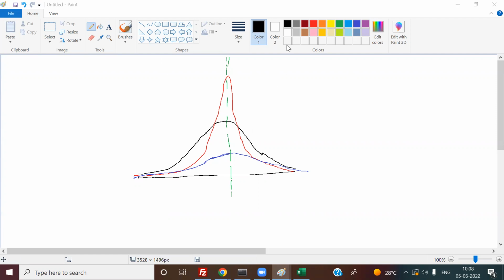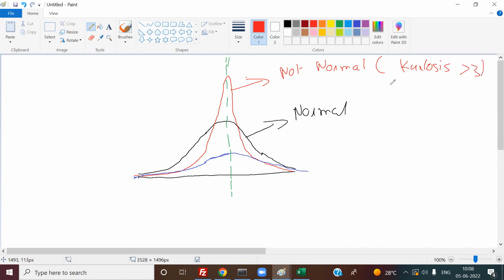The normal distribution is only one. That is this black one is normal distribution. This red one is not normal. Why? Because kurtosis for this is greater than 3.